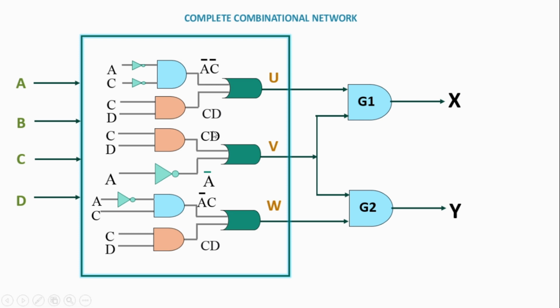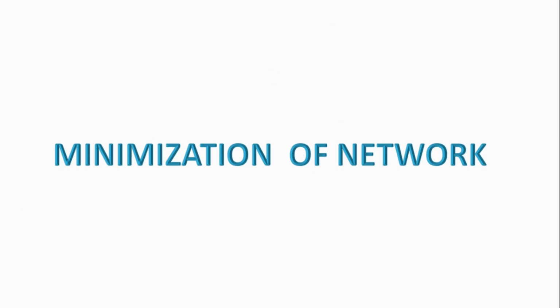In addition, I am going to give you a brief discussion about how to minimize the number of gates, because these 3 AND gates only create the CD output, which can be created by only one AND gate. So, minimization of the network.